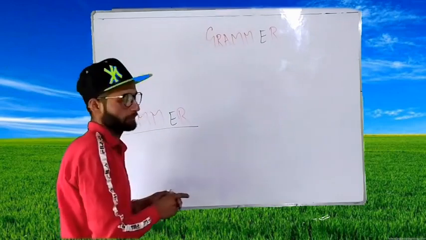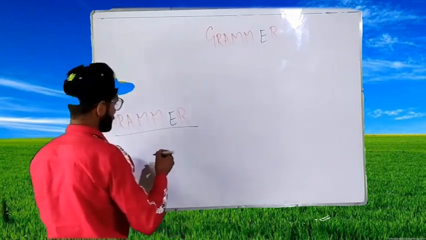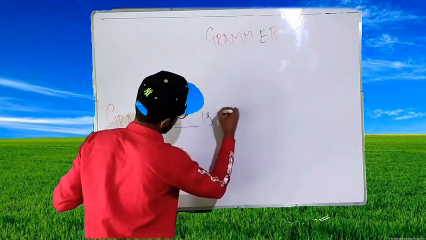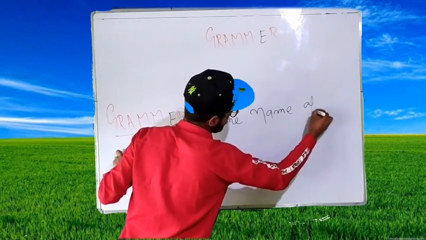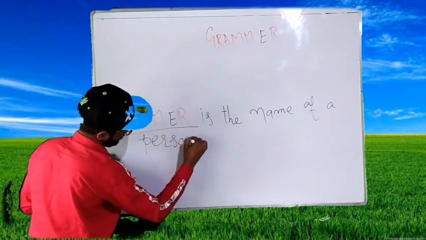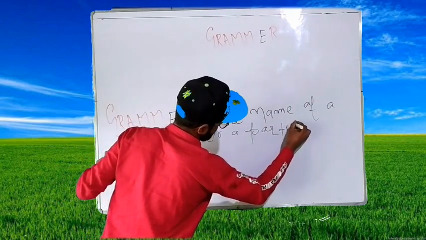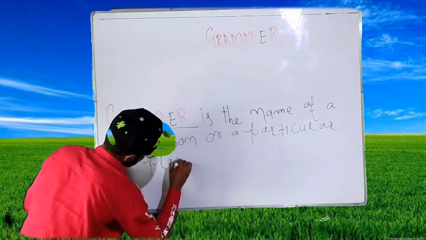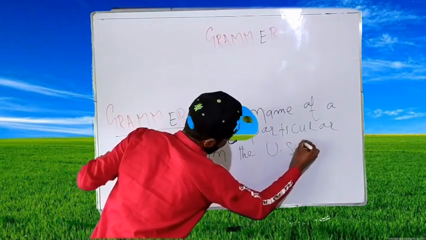Now we discuss the second one, my dear, also. But before that, if you want to learn in English the meaning of this one, I can tell you. G-R-A-M-M-E-R is the name of a person or a particular place in the USA.